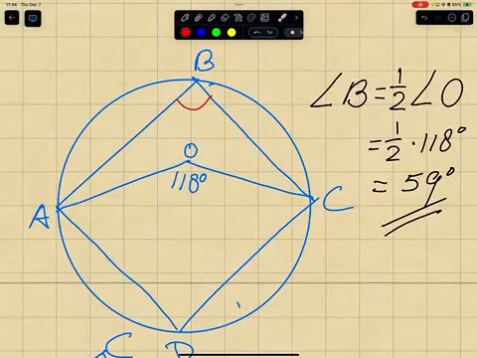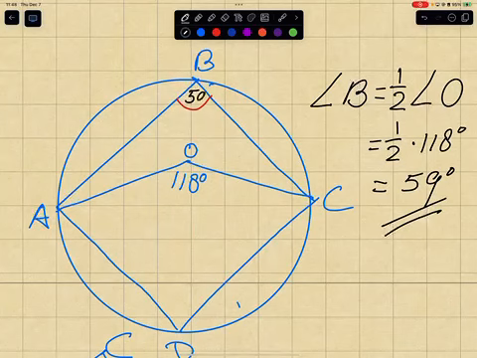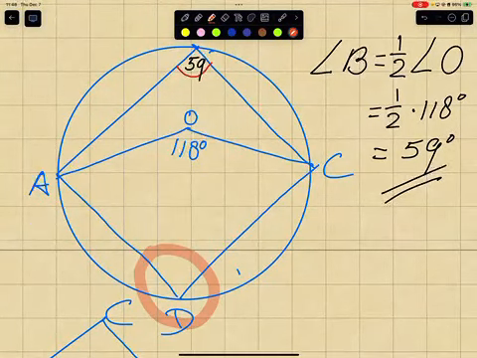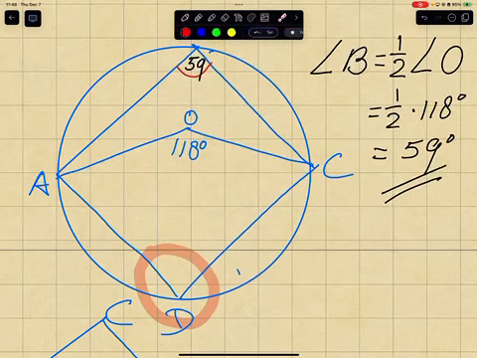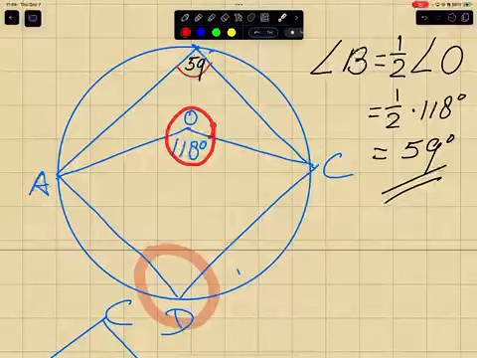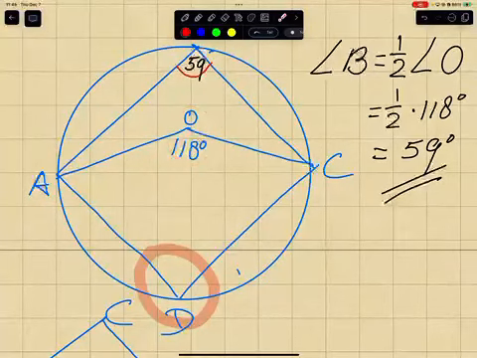Now, we have 59, we have 118. And then they would like to know, well, what is that angle then? Simple. A circle has how many degrees? I have 118 of that 360, which is here.